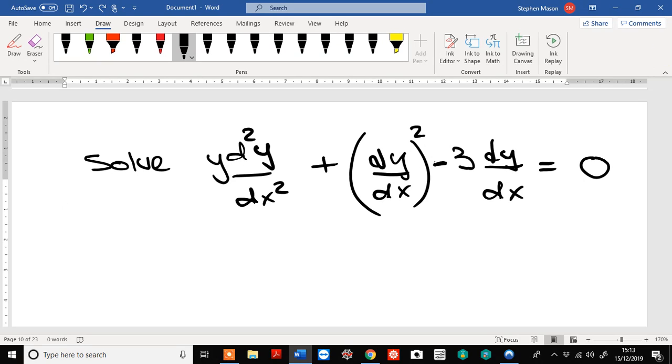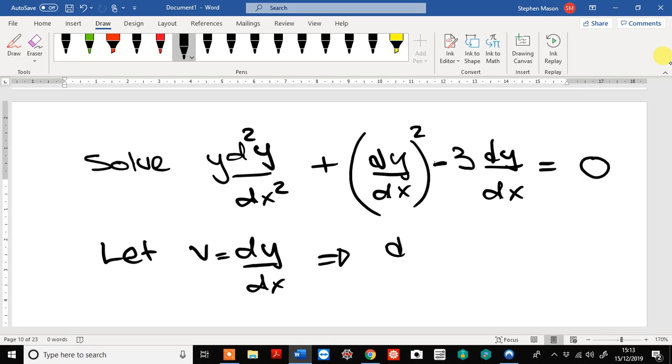Now, what we do is we use a substitution again to solve this equation, and we really do exactly the same as we would have done in the previous examples. So first of all, let v equal dy by dx.